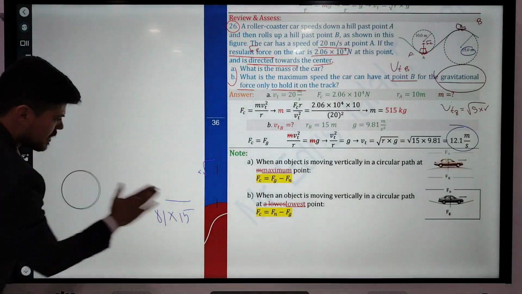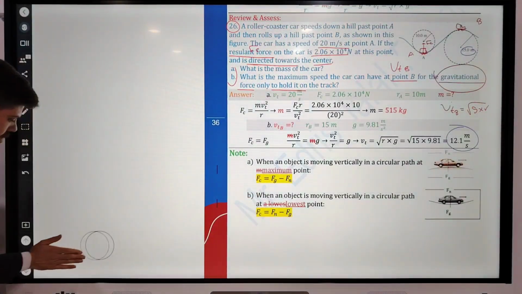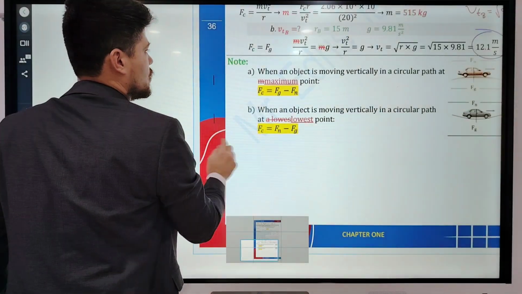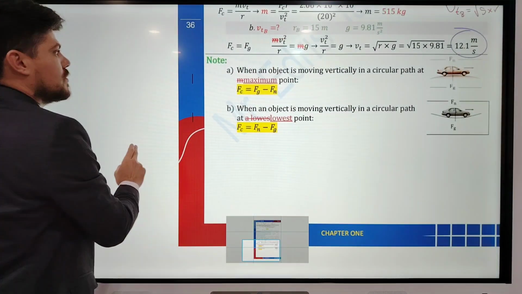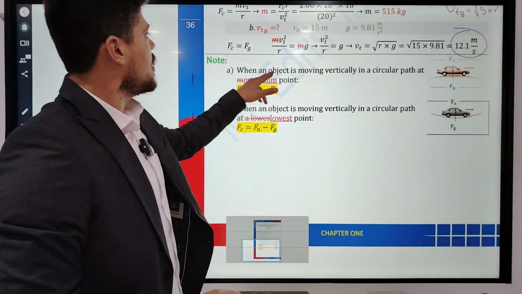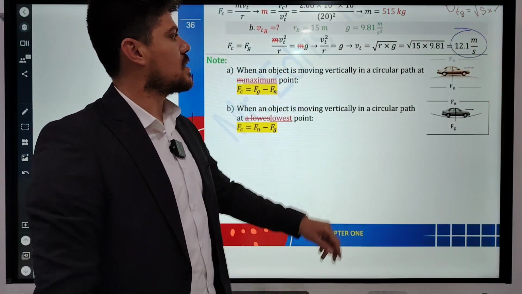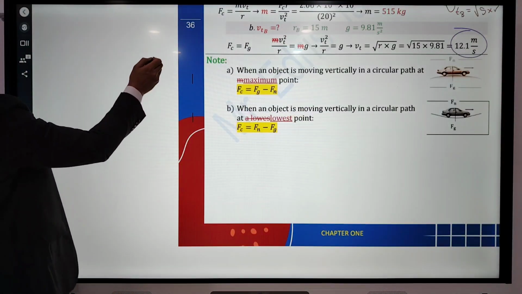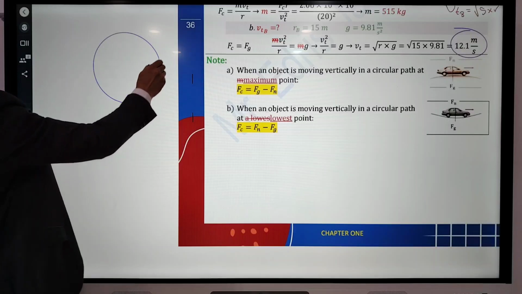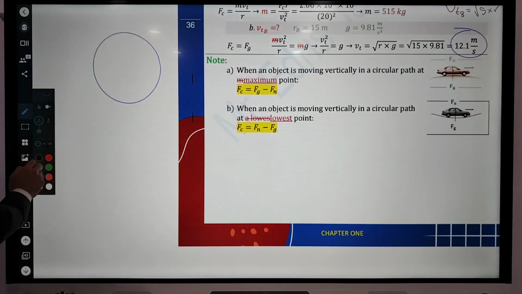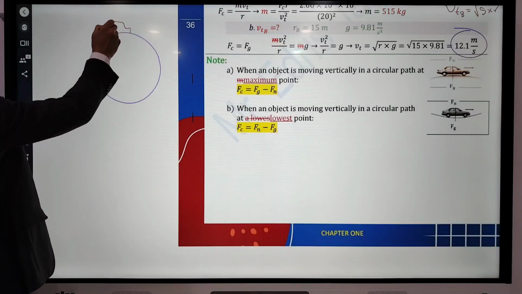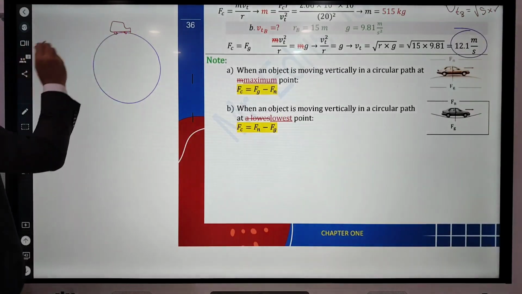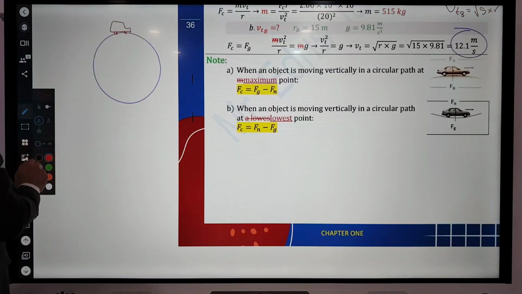About circular motion and the centripetal force, we have these two notes. It's very important. Be careful. When an object is moving vertically in a circular path at the maximum point, for example, when a car is placed here, where is the gravitational force?